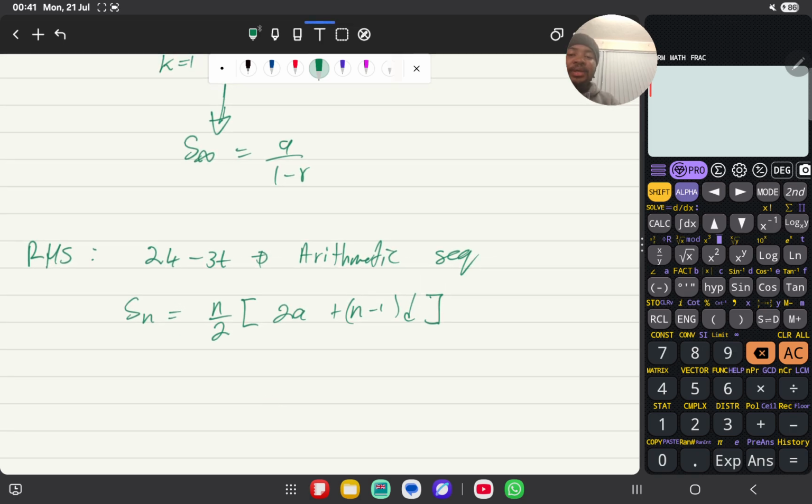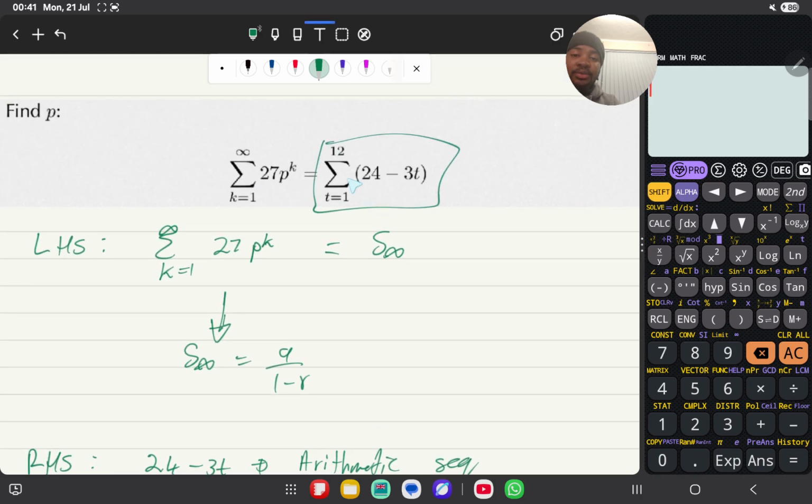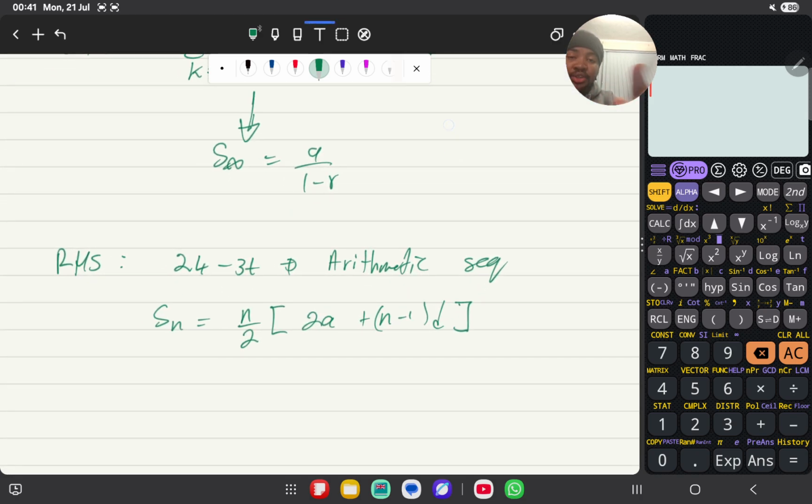So that means from here, I need to find a couple of things. I know n is going to be 12 because we're adding from 1 up to 12. So for n, check. I need a and I need d. But d, I don't have to struggle because I know d is minus 3.